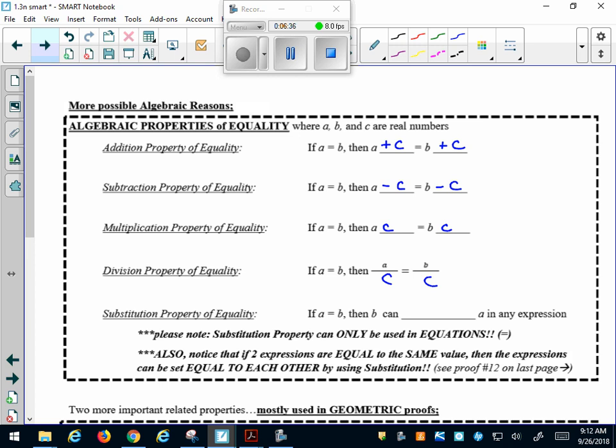You might not have called it that, but if I gave you an expression like x plus 5, I might have said evaluate when x equals 3. Well, what would you do then? What would you do with that 3?